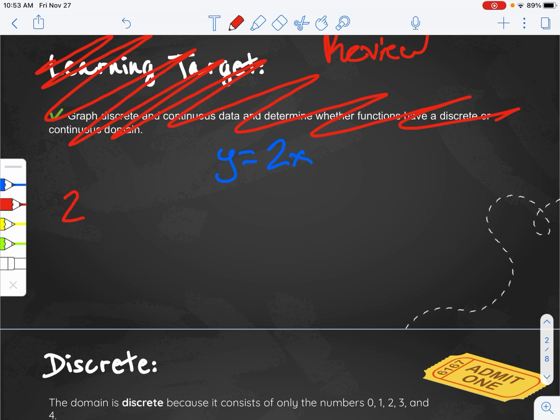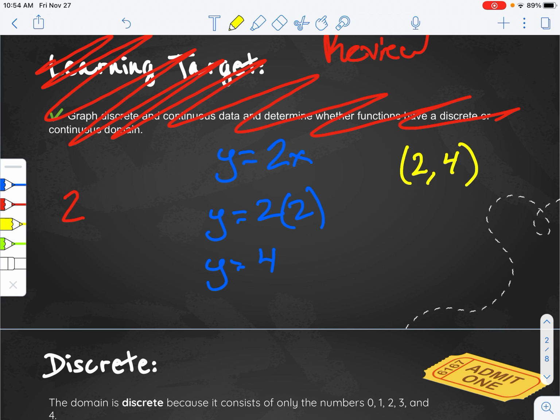And let's say, again, we want to put an input or an x value of 2 into that. Just like we did a minute ago, y equals 2 times 2, and that will give us y equals 4. So for the input of 2, we get an output of 4. Then we get the ordered pair (2, 4).